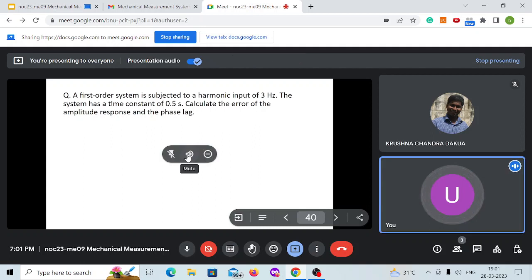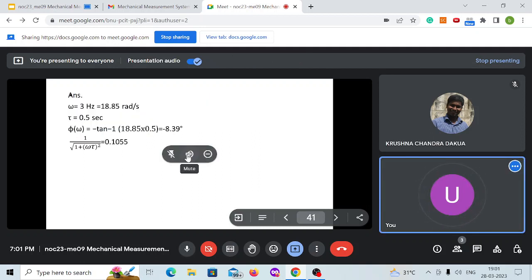I'll go over the solution. You know omega is 3 hertz. Converting to radians, 2 pi f, it will be 18.85 radians per second. You also know the time constant is 0.5 seconds. So the phase lag is minus tan inverse omega tau.